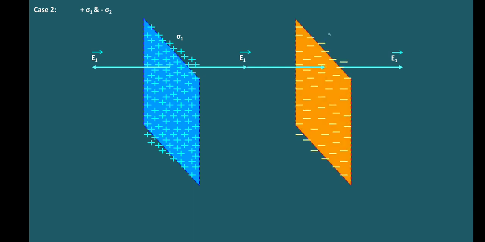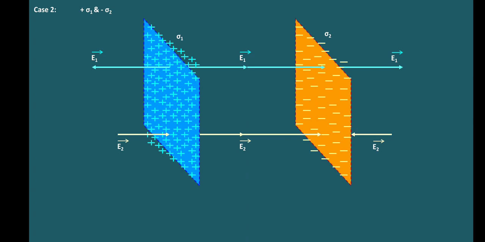The next sheet has a negative charge of surface charge density sigma 2, and since it is a negative charge, the field acts towards the sheet, so the direction is denoted here.